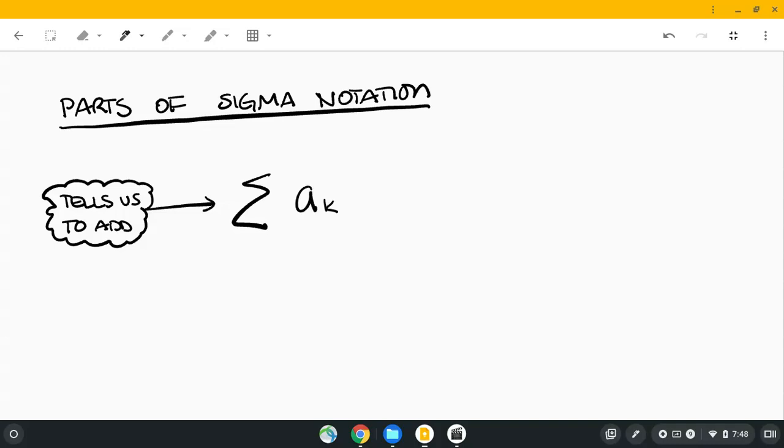And then you have this here. This here is just your formula, the a_n formula that we've been working with, the formula for finding each term in the sequence.